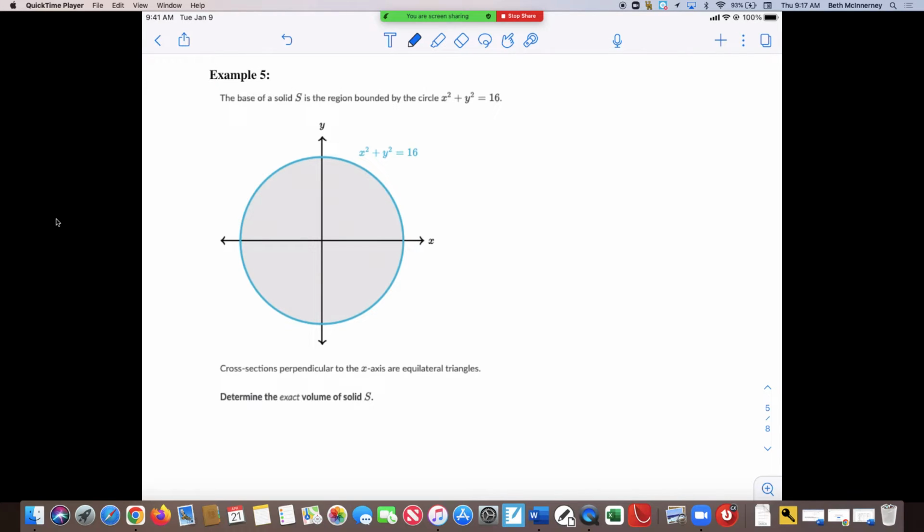If you need to look back at what the area of an equilateral triangle is, you may do that, but also be able to develop it.